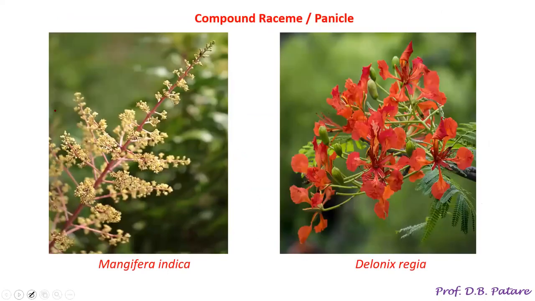So if this is the case, it's a kind of compound raceme, known as panicle. These are the two examples of panicle we have discussed. One is Mangifera indica, commonly known as mango, and this is Delonix regia. मराठीमध्ये आपण याला गुलमोहर म्हणतो, right? So these are the two best examples of the compound type of raceme, also known as panicle.